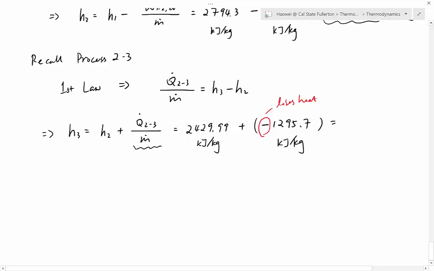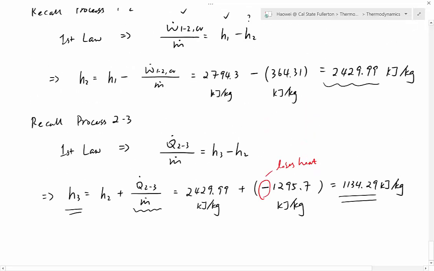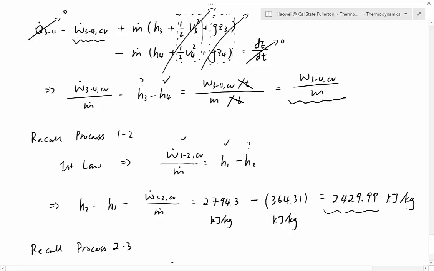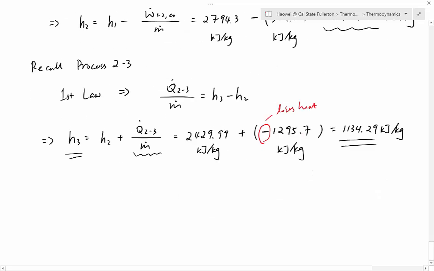All right, and then in your calculator, you can find a solution. It's 1134.29 kilojoule per kilogram. So now we've found H3. We can go back to our equation. We have H4, we just found H3. We plug in those two numbers, we can look for W 3 to 4 control volume work per unit mass.